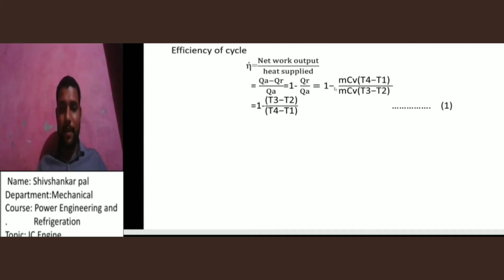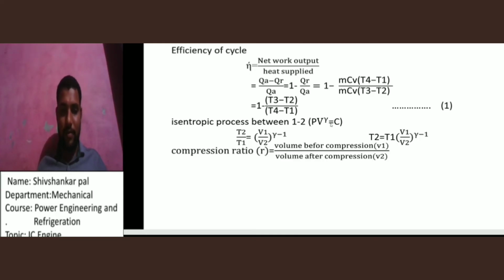Here the m, c_v are in both the numerator and denominator, so they cancel each other. Then the first is the isentropic process between 1 to 2. Expansion and compression, both processes are isentropic. Means for 1 to 2, T2 upon T1 is equal to (V1 by V2) to the power gamma minus 1.